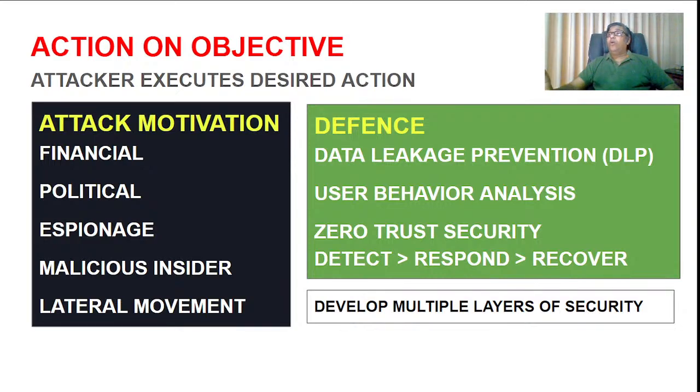Your CEO cannot be trusted with regard to access to your system because his son will use his computer to play a game at home, and he brings his laptop infected with a virus. So detect, respond, and recover with zero trust security, where you start by not trusting anyone.